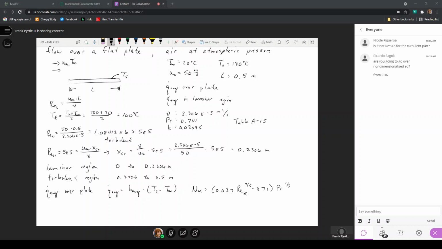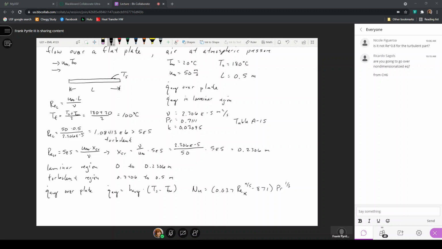is defined so that it is the trailing edge of the plate, or it could actually be a position shorter than that, but it's the region for which you want to find an average heat transfer coefficient that starts at x equals 0 and ends at a position such that it encompasses all of the laminar region into the turbulent region.